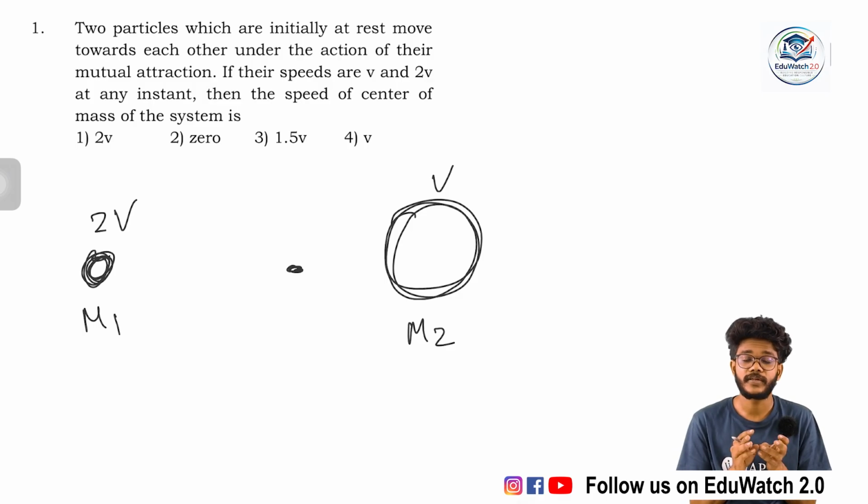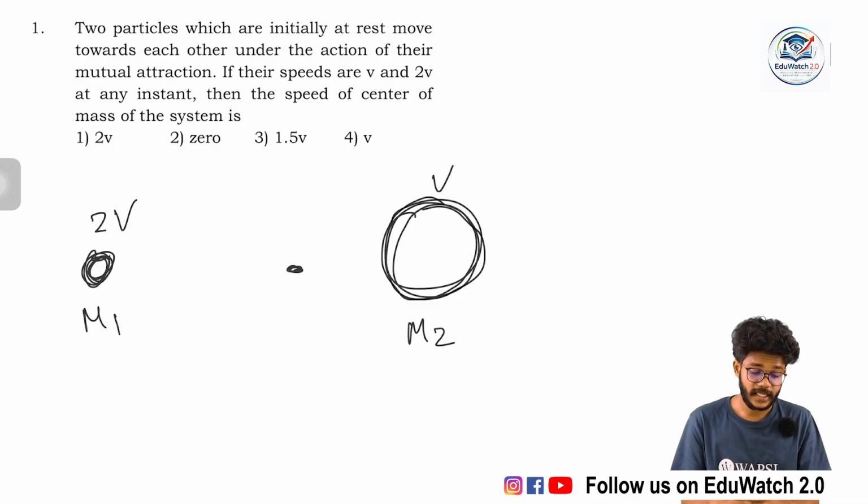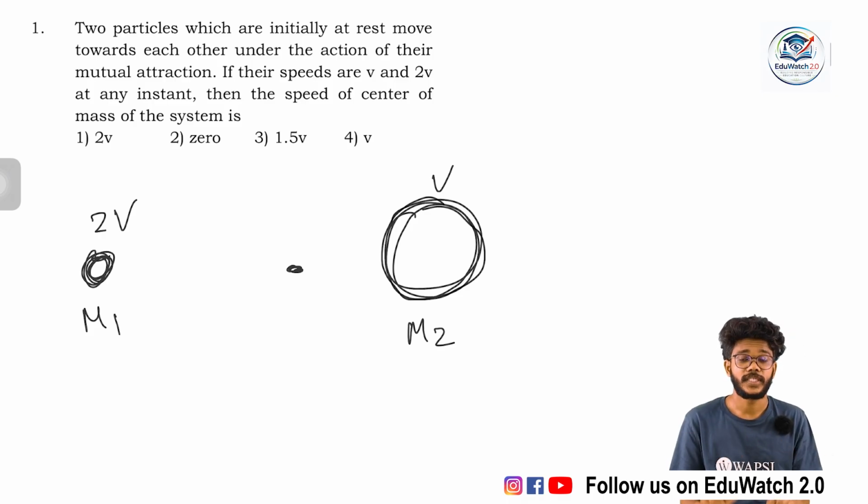The center of mass will not change, because the velocity of the lower mass is greater, but its mass is lower, and the velocity of the higher mass is lower, but its mass is higher, so they cancel each other. We can say that the velocity of the center of mass will not change. That means this point will not change. Okay, so the velocity is 0.